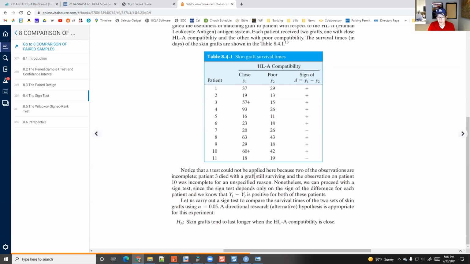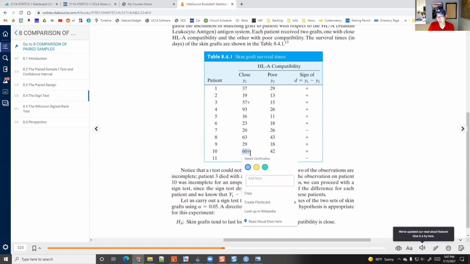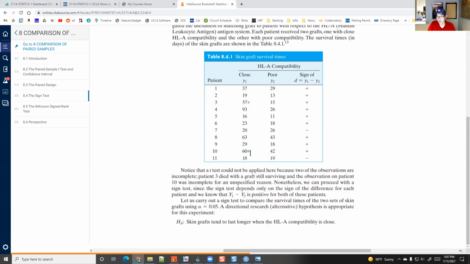Similarly, something happened with patient 10. For an unspecified reason, we don't have the actual measurement. We just know it was longer than 60. So we can't conduct a t-test because the true value is not known. But we can compare these and say plus or minus.